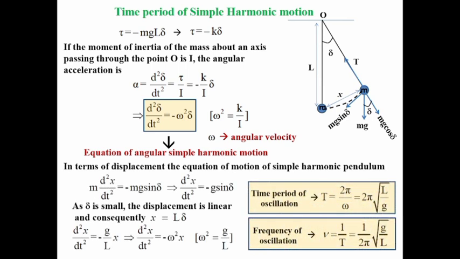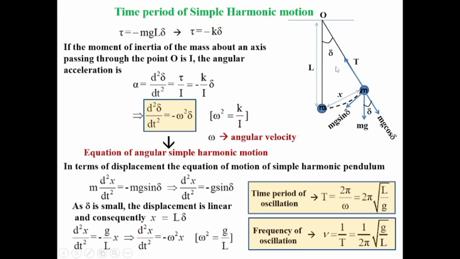Now in terms of displacement, the equation of motion can be written like this. The force, mass into acceleration, is the restoring force, minus mg sin delta. Now as delta is small, the displacement is linear, so x is L delta.